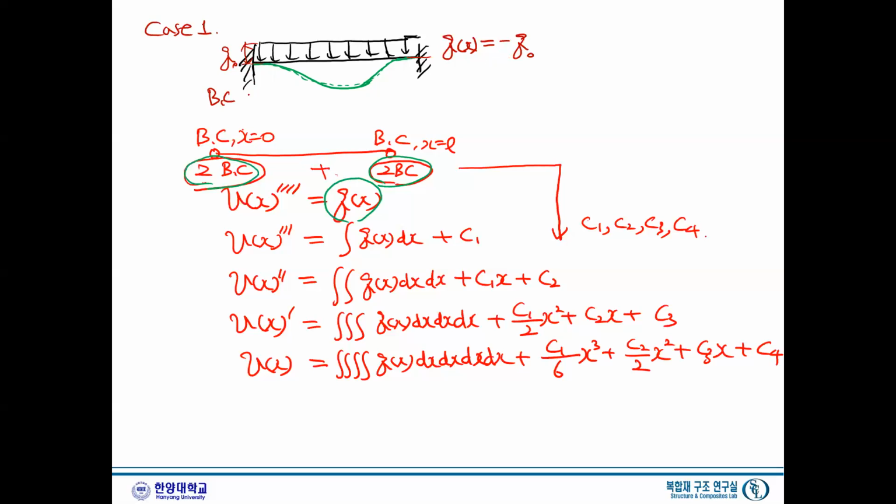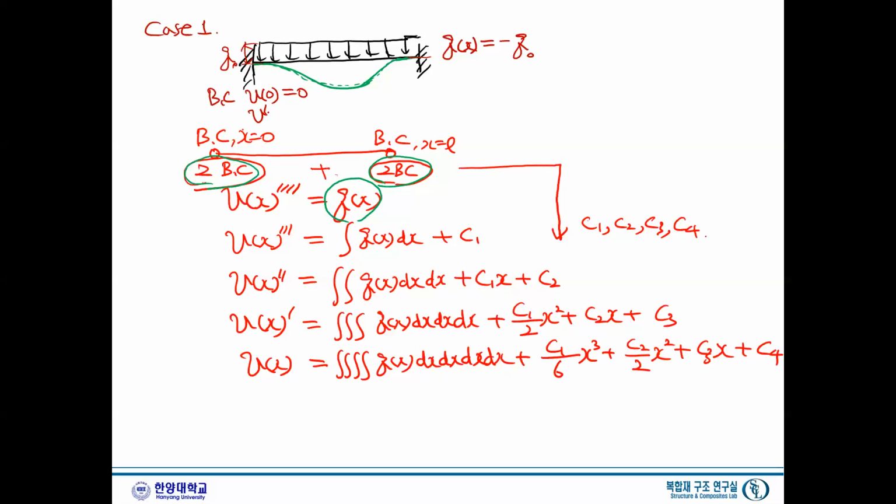And now the boundary conditions. Here at x equals 0, deflection will certainly be 0. And then, very importantly, the slope will be 0. Now, what does slope mean? Well, slope is always given as the first derivative.